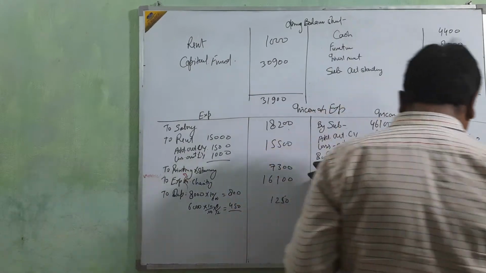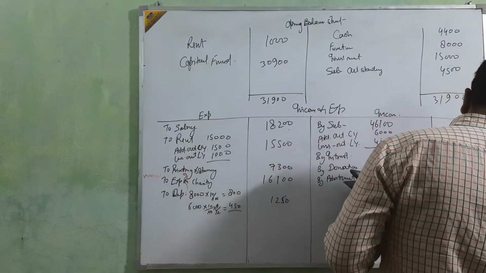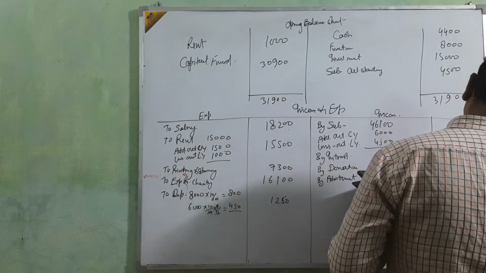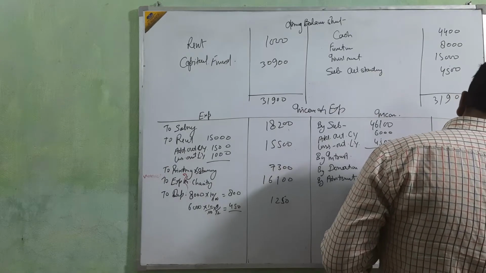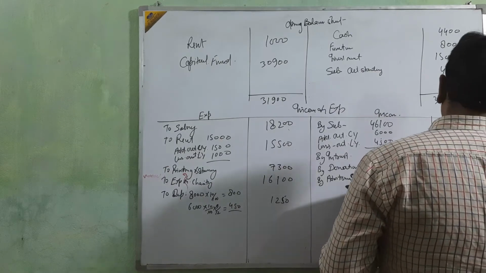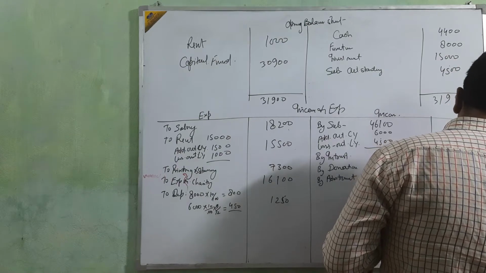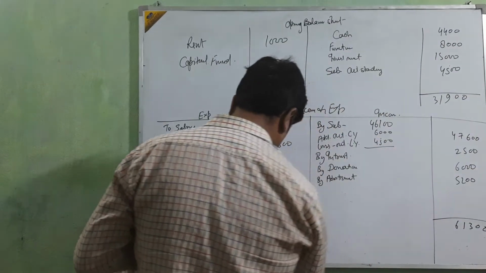Going for totaling. Just see this side: 5, 6, 11 to 13, 1 is remaining, 61,300.